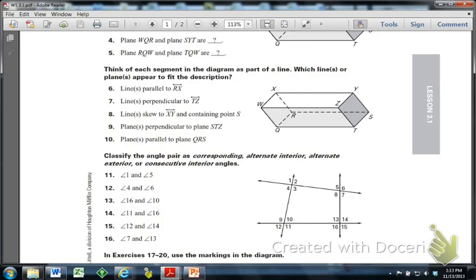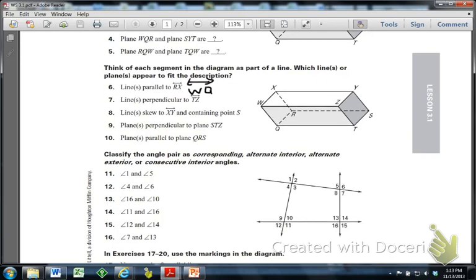It looks to me like WQ could be parallel. Looks like WQ.